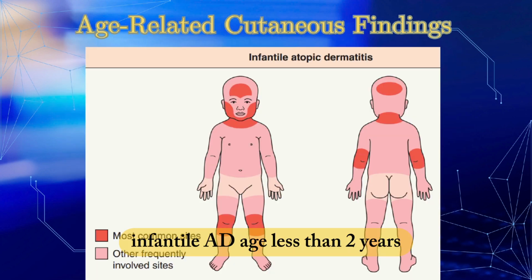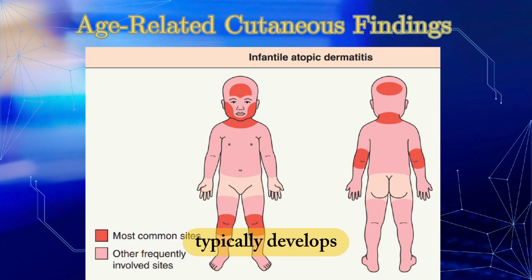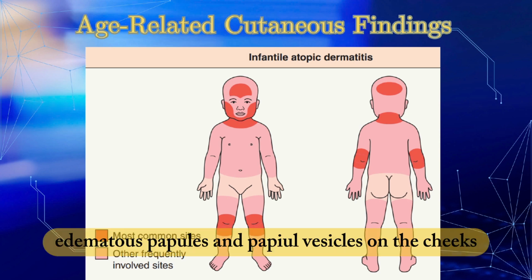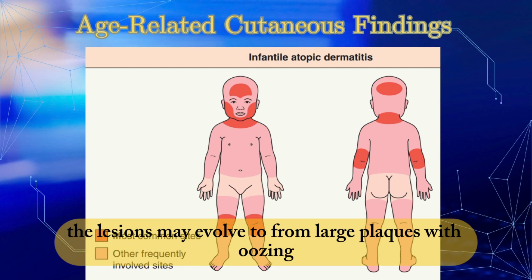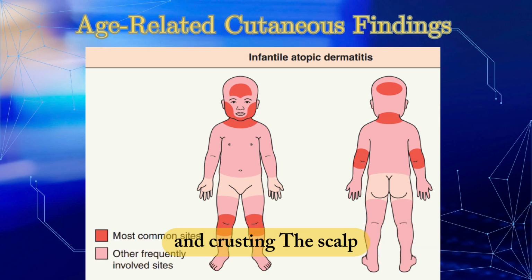Infantile AD, age less than 2 years, typically develops after the second month of life, often initially appearing as edematous papules and papulovesicles on the cheeks, with sparing of the central face. The lesions may coalesce to form large plaques with oozing and crusting.